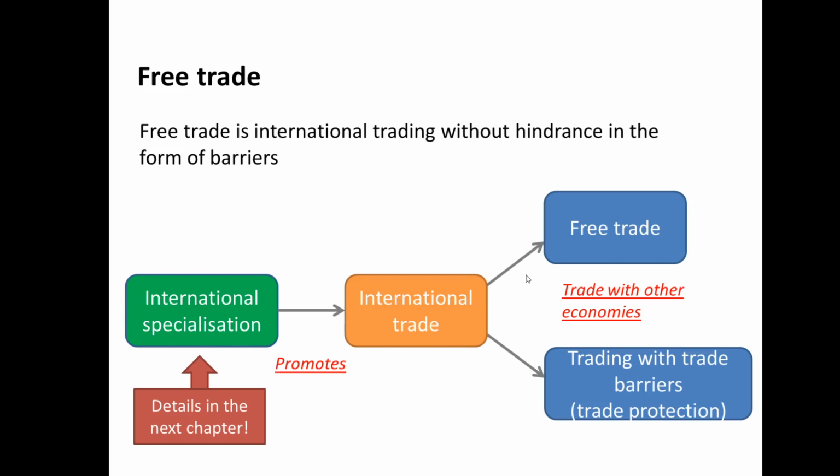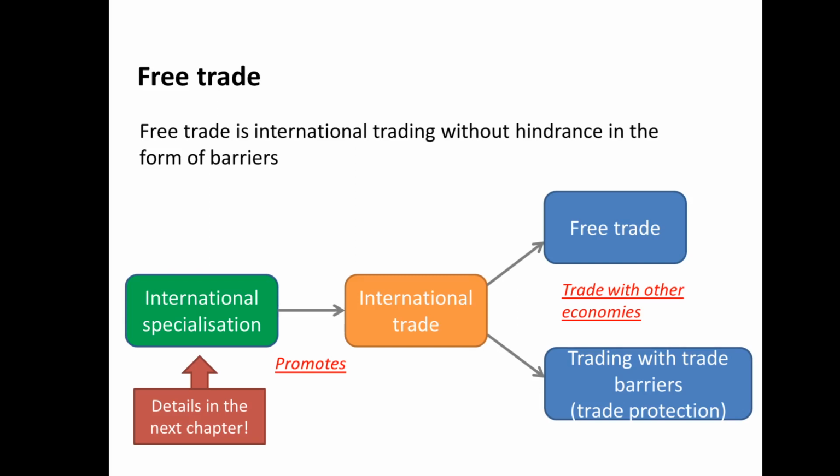There are two kinds of international trade that we can see. The first kind is free trade, with no trade barriers from either country.